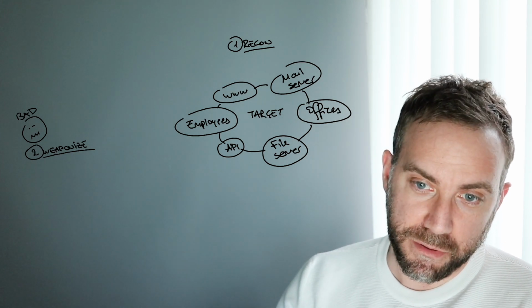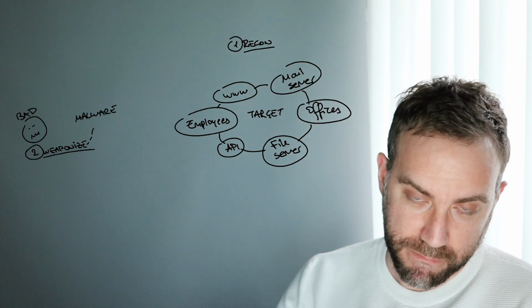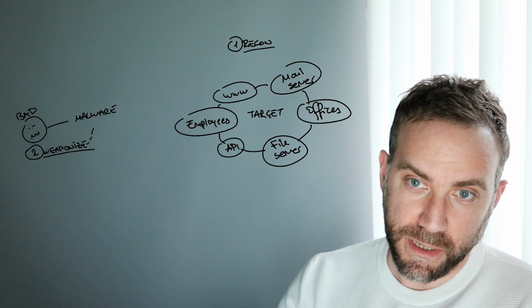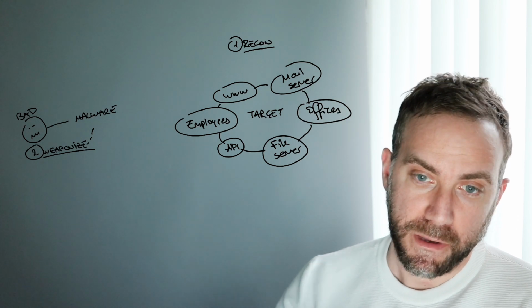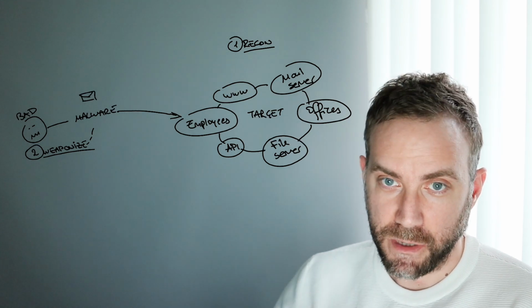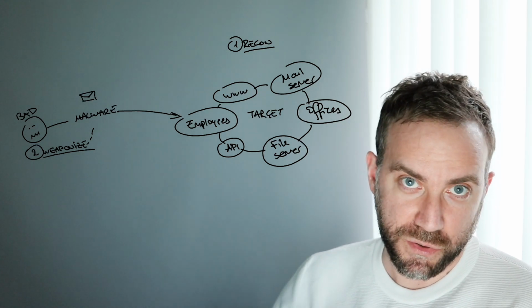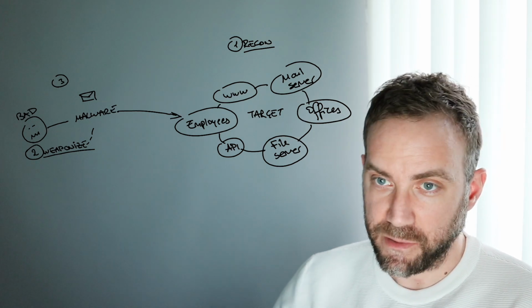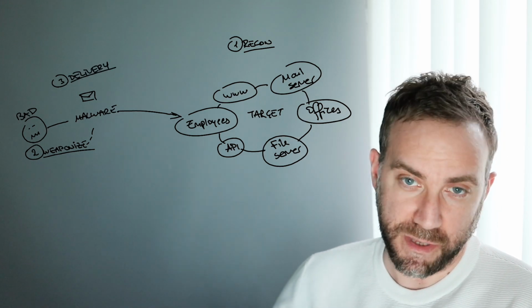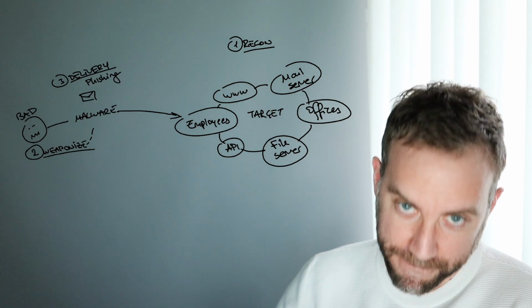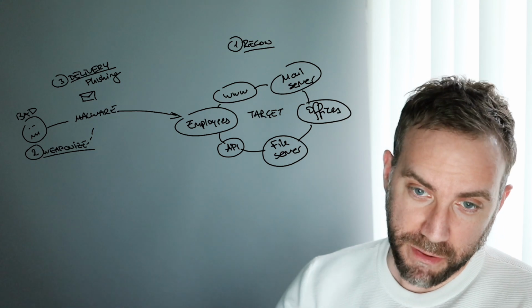So in this example, let's say that this bad guy decided to create a malware and target the employees of this company. That brings us to the third phase, which is delivery. So they could choose to send spear phishing emails to target specific employees they believe would open this malware that they're sending. That's step number 3.